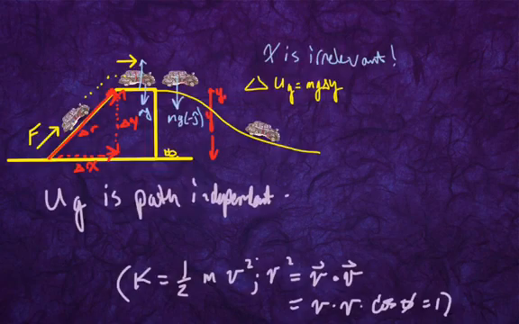However, if that cosine theta is 0, then that whole thing is equal to just v squared. Okay, so kinetic energy is also path independent. It's just how fast you're going. And that's it for gravitational potential.